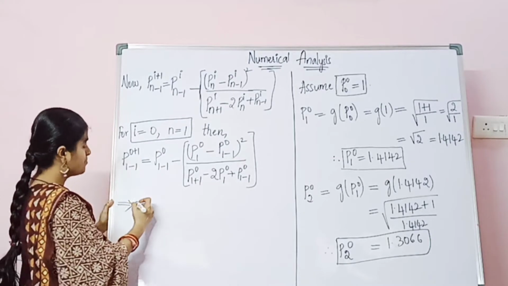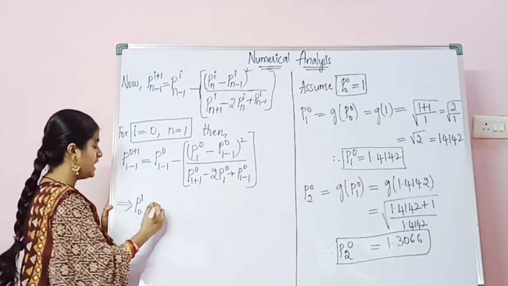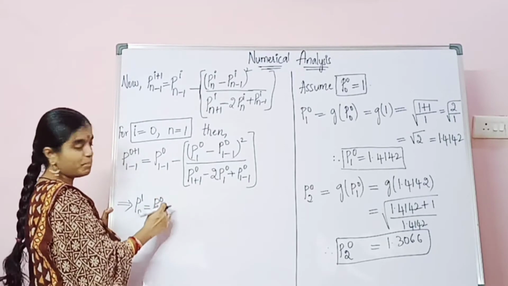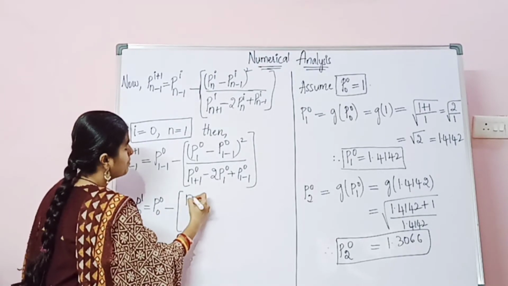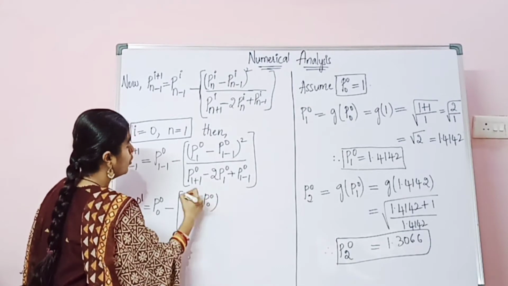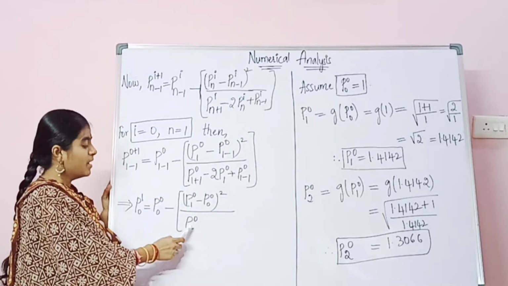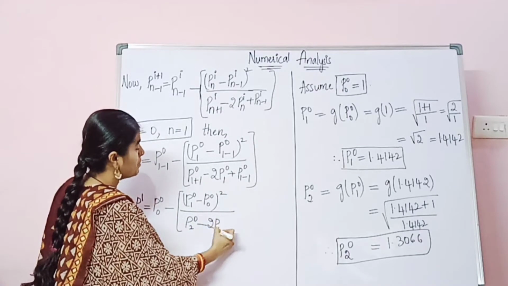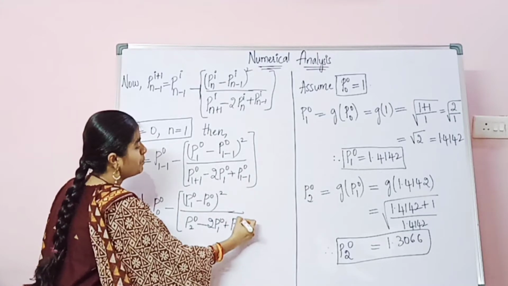That implies here P1 minus 1 means P naught power 1 equals to P naught power 0 minus P1 power 0 minus P naught power 0 whole square by, so here P1 plus 1, 1 plus 1 means 2, P2 power 0 minus 2 into P1 power 0 plus P1 minus 1 means 0, P naught power 0.